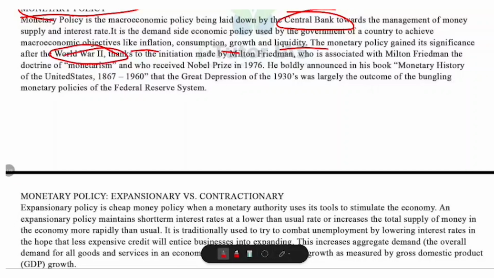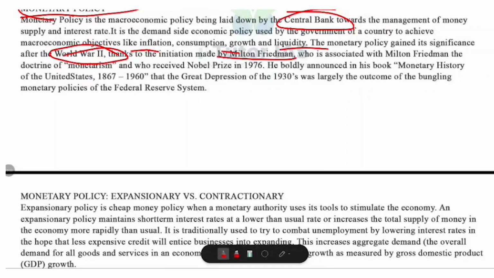This was largely due to the contribution of Milton Friedman, a famous economist known for his monetary theory. Friedman argued that money supply plays a crucial role in determining the overall level of economic activity. He strongly believed that the government should carefully regulate the growth of money supply to maintain economic stability.